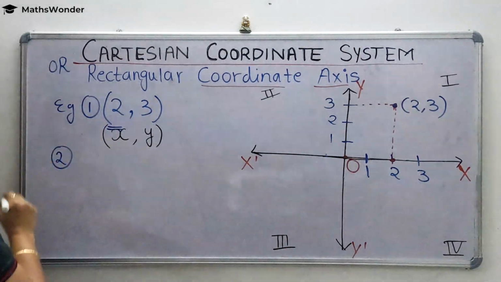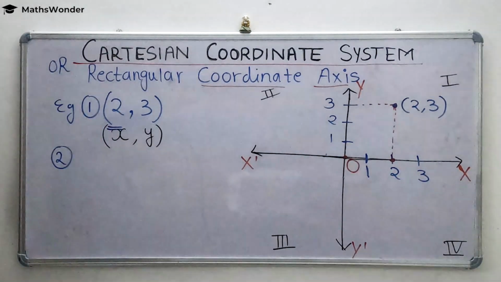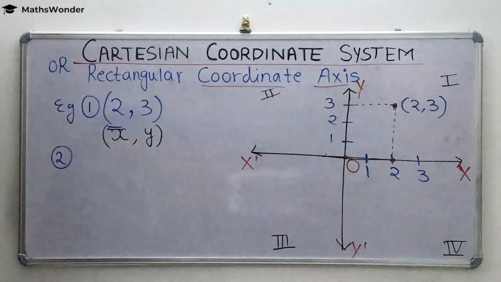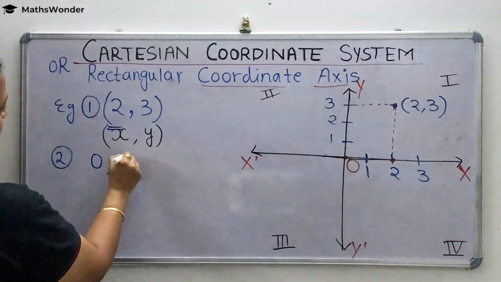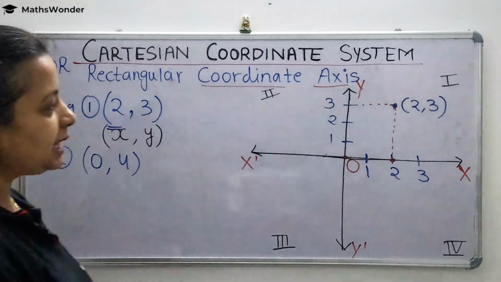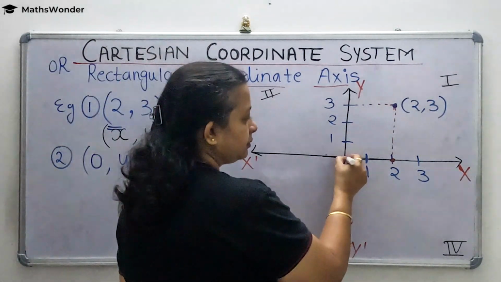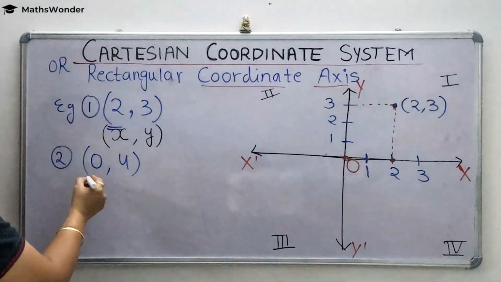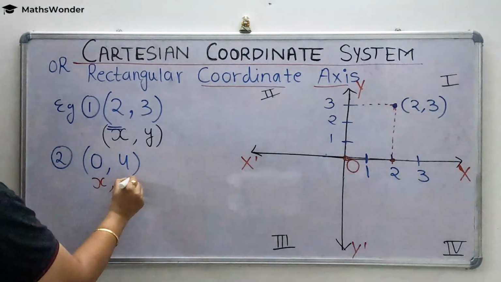Now come to the second example. I'm giving the first easy one: (0, 4). Where is 0 here? 0 is at the origin. For 0, x or y, both are the same.